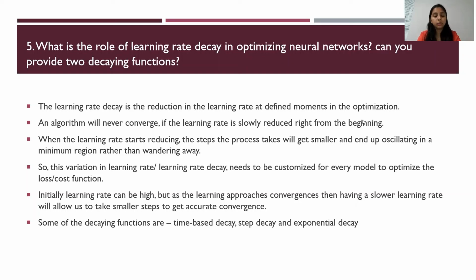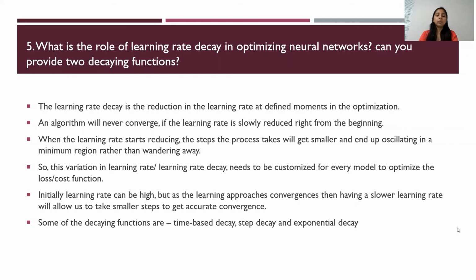So for every model, the learning rate decay needs to be customized, and also we need to customize at what point of the training the learning rate decay should occur. Initially, the learning rate can be high, but as the learning approaches convergence, then having a slower learning rate will allow us to take smaller steps to get accurate convergence.